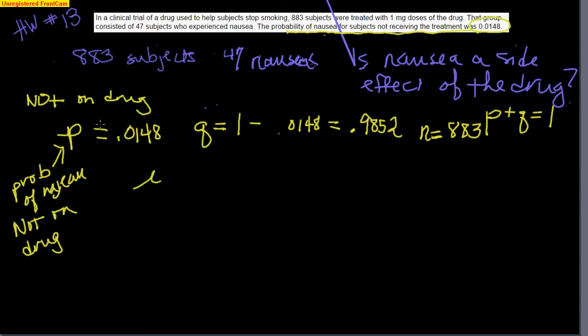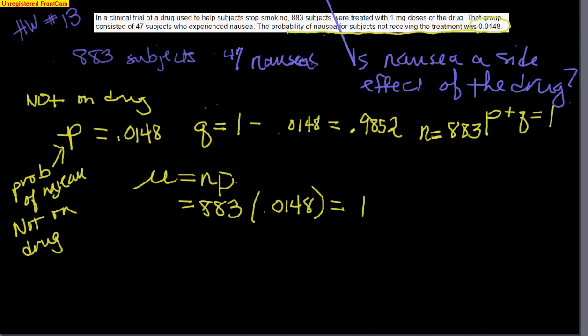Well, we know the mean is equal to n times p. So in this case, n is 883. We're going to look at 883 people not on a drug, and under normal circumstances, 0.0148 of them will experience nausea just naturally. If I do that on my calculator, 883 times 0.0148 equals just about 13 people.